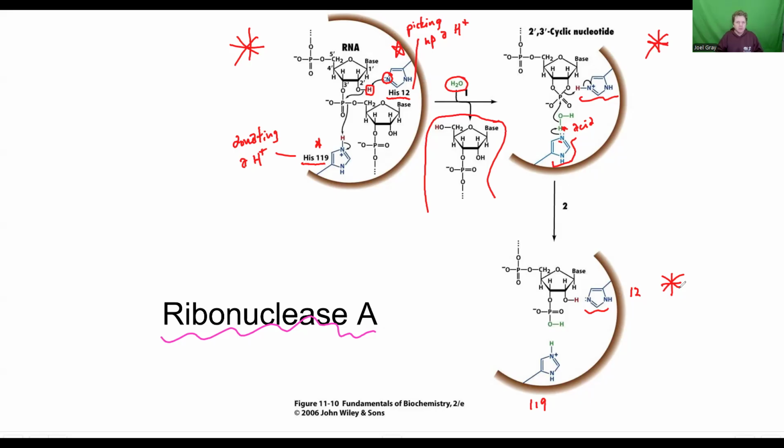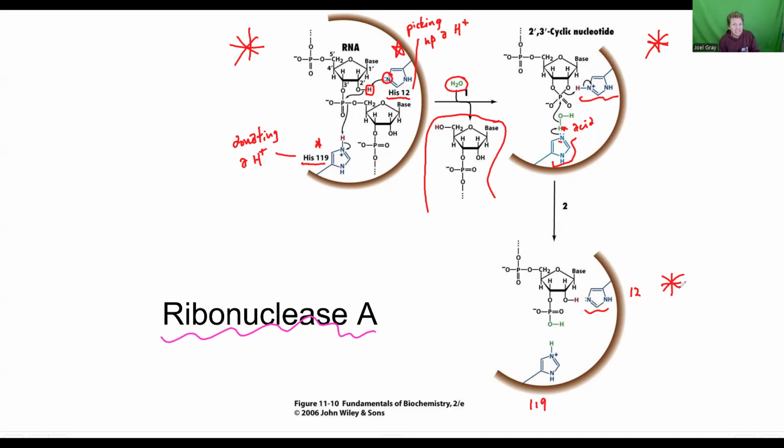Histidine 119 starts out protonated, is then deprotonated, then is protonated again. So it follows the opposite path that histidine 12 follows. So my question for you is, is this general acid catalysis, where an amino acid is donating a proton?